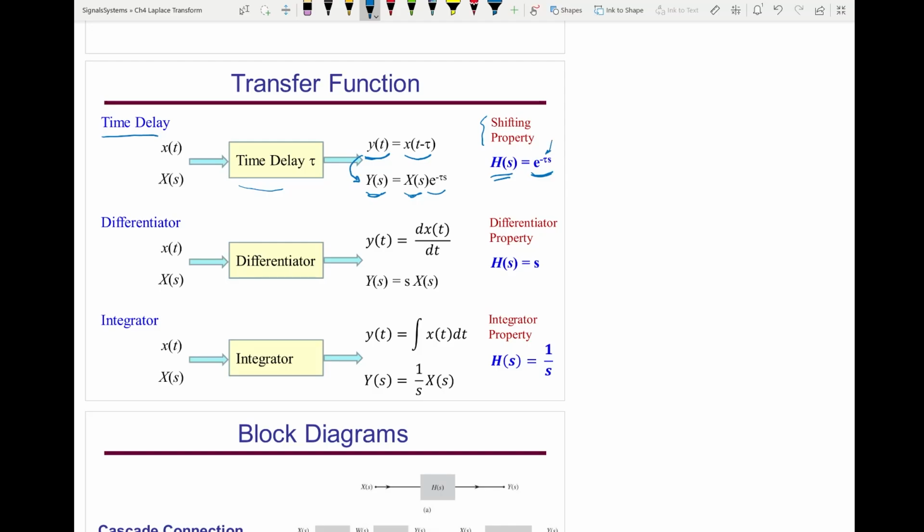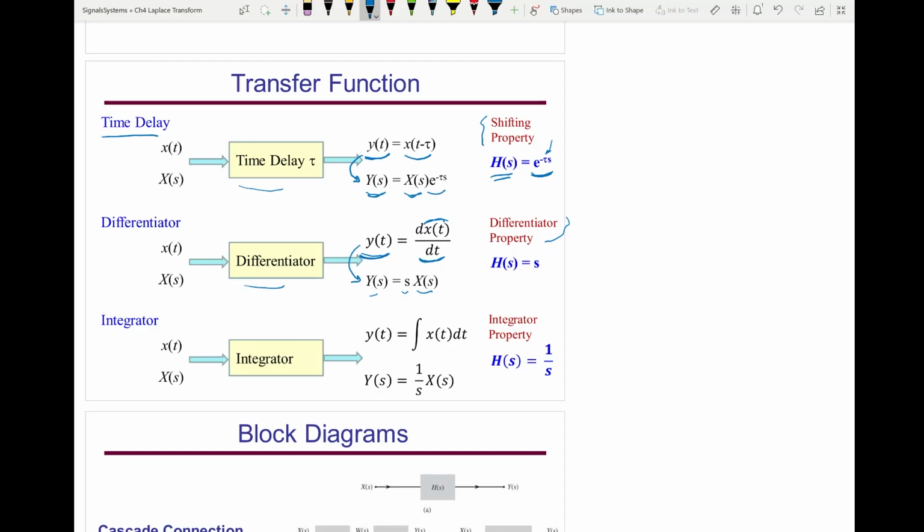The next one is a differentiator, and a differentiator is the output y of t equal the derivative of the input signal. Again, I find the Laplace transform of this equation, and using the differentiation property, y of s will be s x of s.